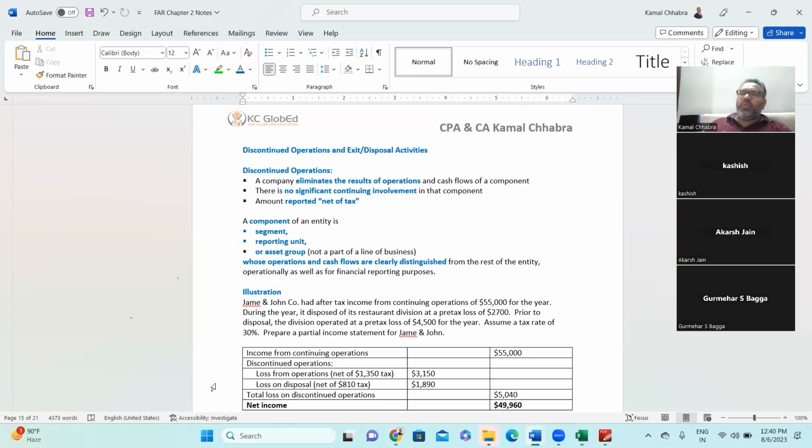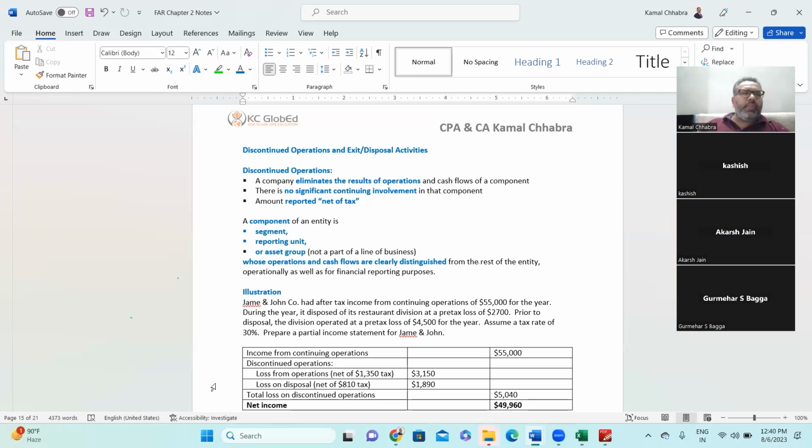Now they want to close their operation in the European market. So that closure of a market is also considered a discontinued operation. Make sense?